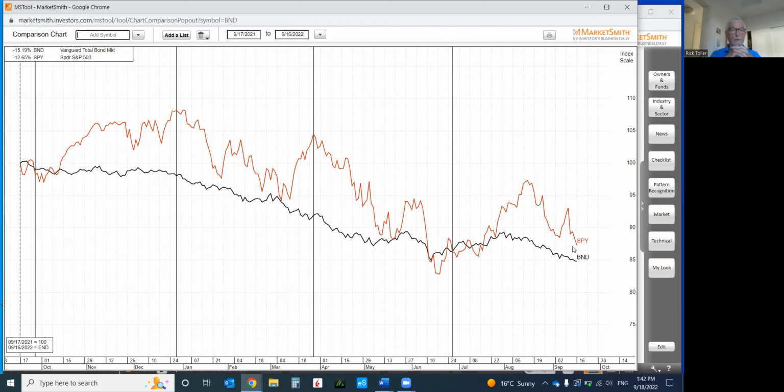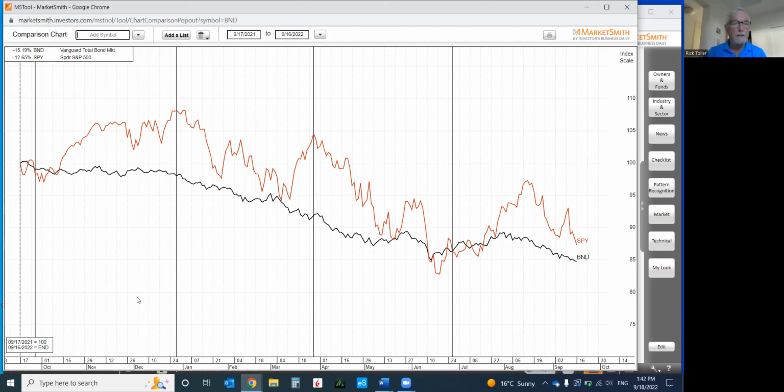If you had been 100% equities, or 100% bonds, you'd still be down about 15%. Although the bonds probably would have given you about 2%, 2.5% of interest throughout that period, that's not nearly enough to make up for the difference.